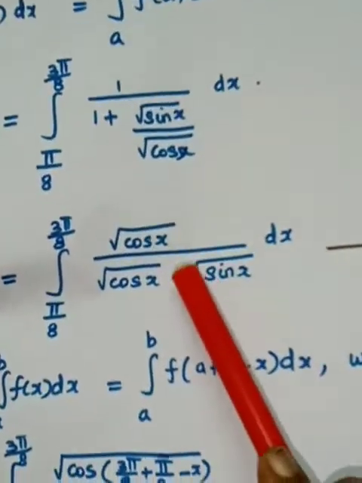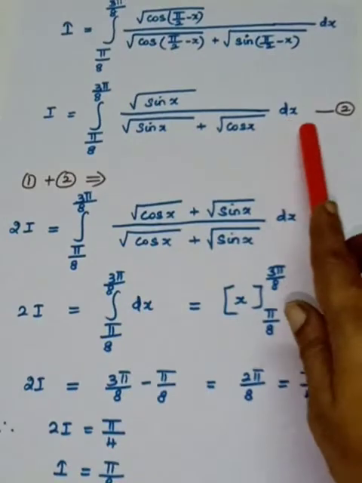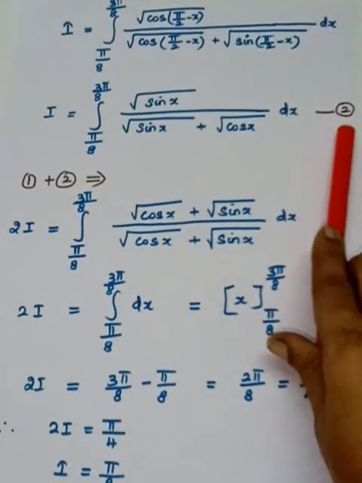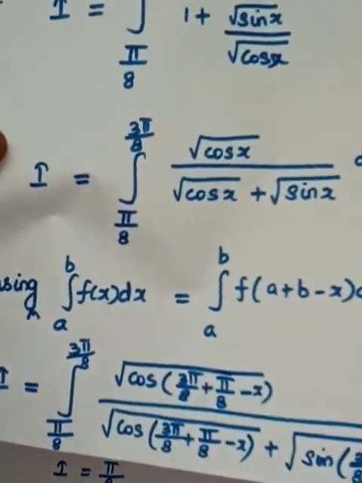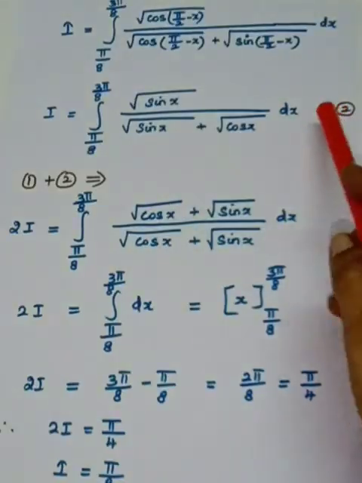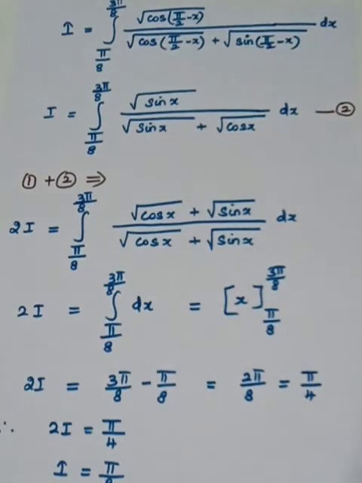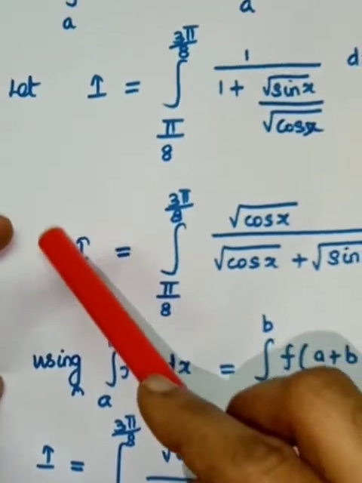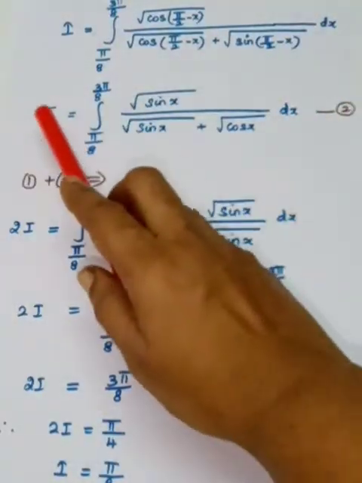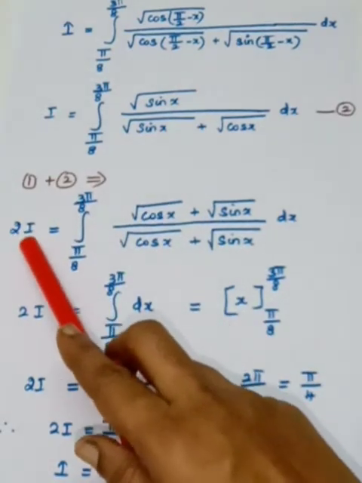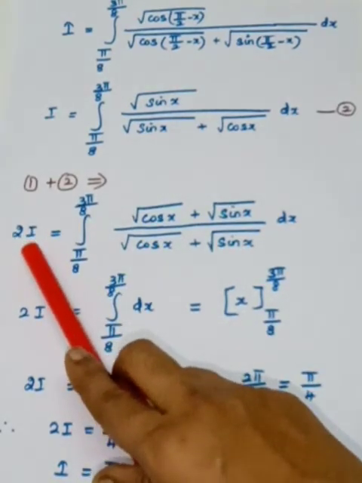So after replacing x as a plus b minus x, you will get this answer. So see that both has to be added. So the first result as well as the second result has to be added. You see the left side of 1, here you are having I. What is the left side of 2? That also I. If you add I plus I, that is 2I. So left side is over.